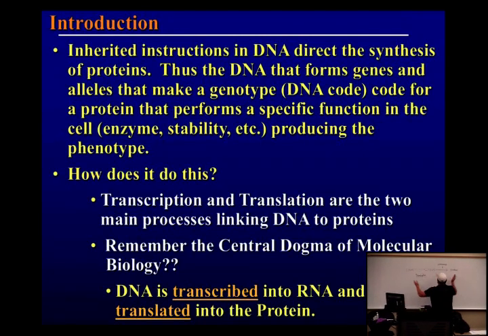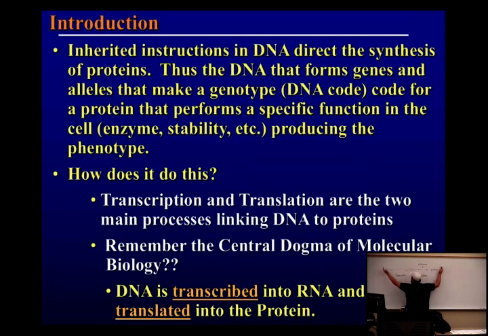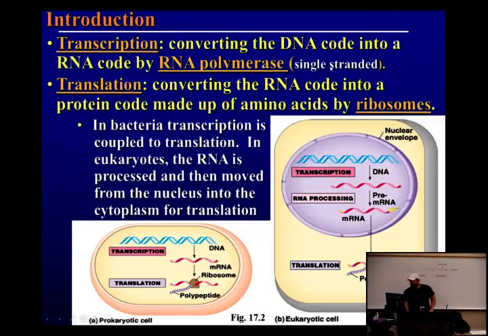All right, so we've talked about this before. Do you guys remember what this whole process that we talked about is called? It's the central dogma of molecular biology. And so the question is, all of our cells have the same DNA. I think that we established this early on, right?